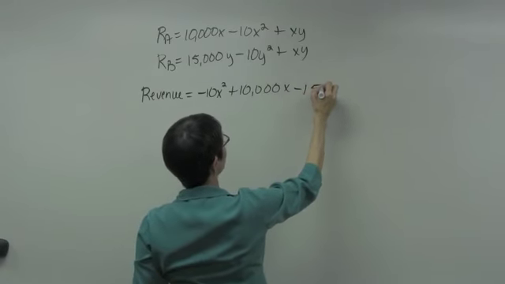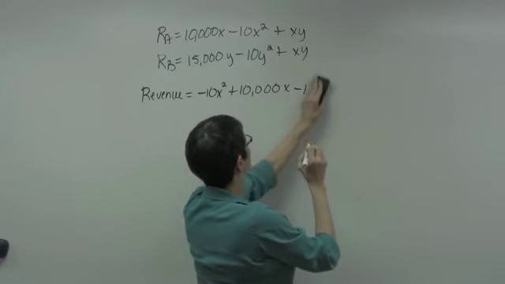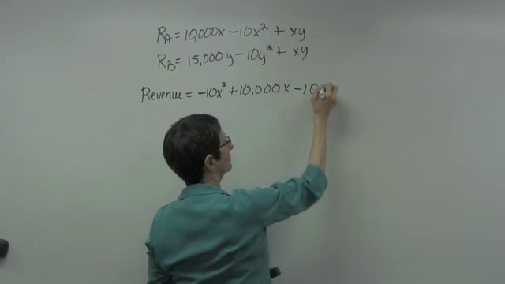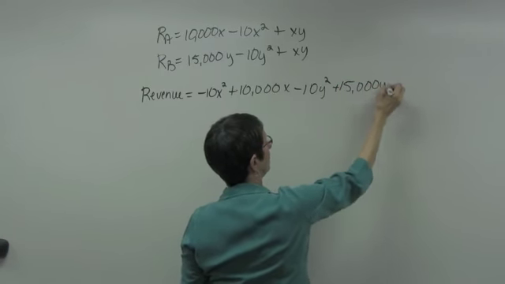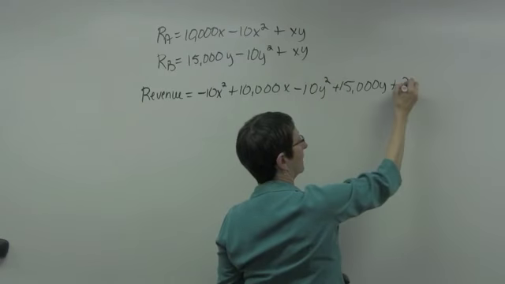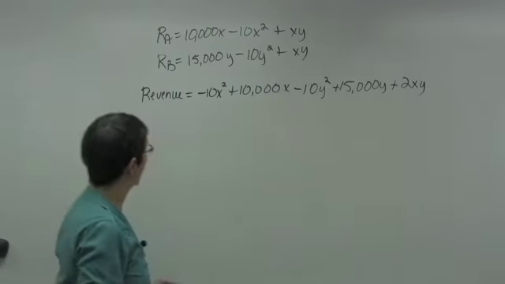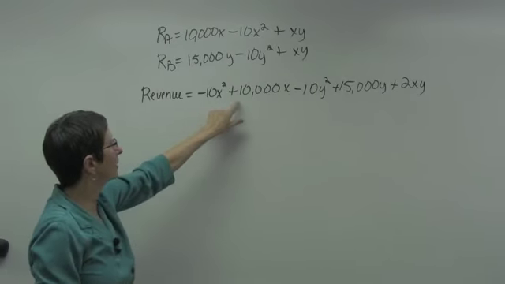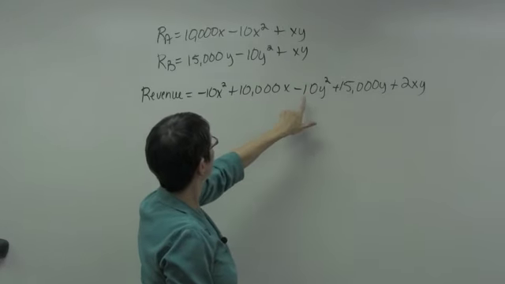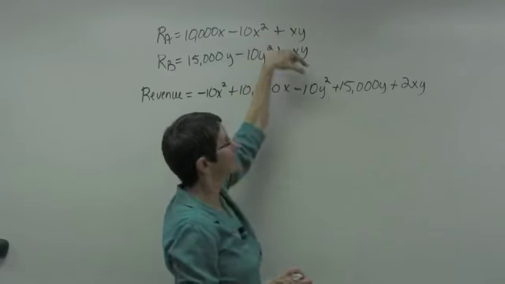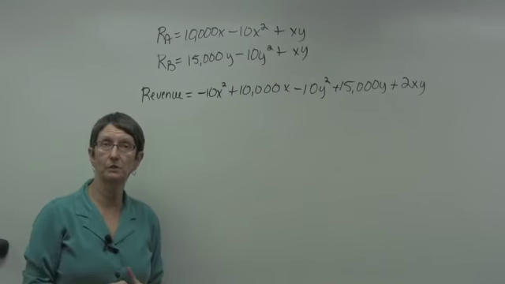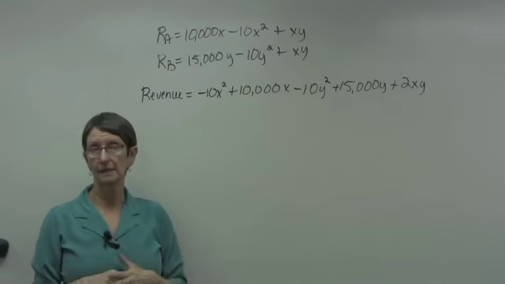Minus 10Y squared plus 15,000Y plus 2XY. A long function. Negative 10X squared plus 10,000X minus 10Y squared plus 15,000Y plus 2XY. That's my revenue. I want to maximize it.